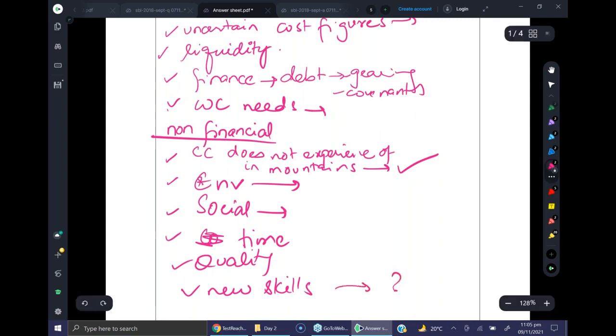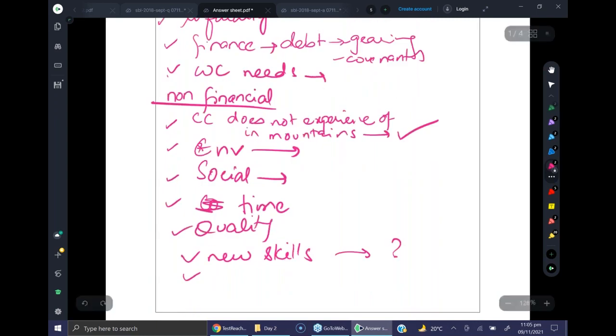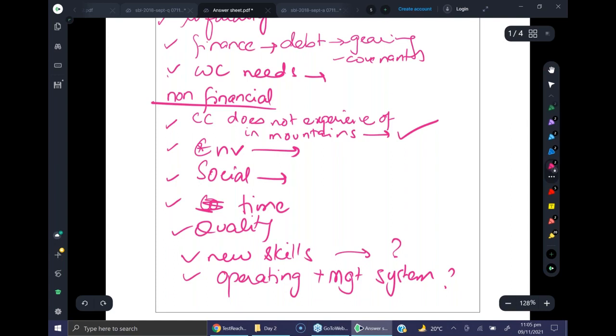Would they be able to hire those skills? Do they have enough operating and management systems? Are they available? So a lot of non-financial factors can be discussed. These are again some of the ideas you can expand on in the question.